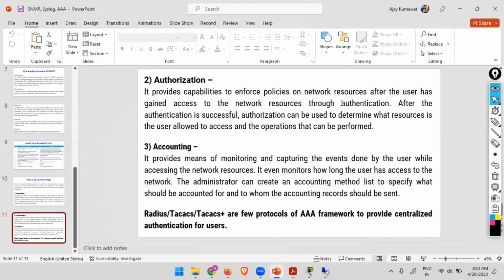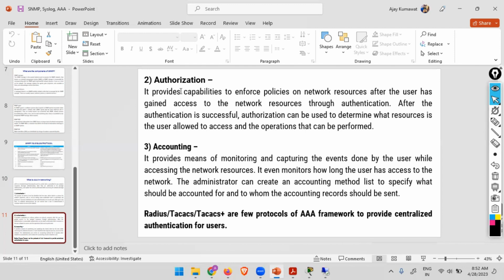He was also authenticated with the same criteria, username and password only, but he had more access. He directly got access to the privilege mode, right? So this is authorization where you enforce the policies. After the authentication is successful, authorization can be used to determine what resources the user is allowed to access and the operations that can be performed. Okay, what the user can access and what the user can do. So how are you going to define?